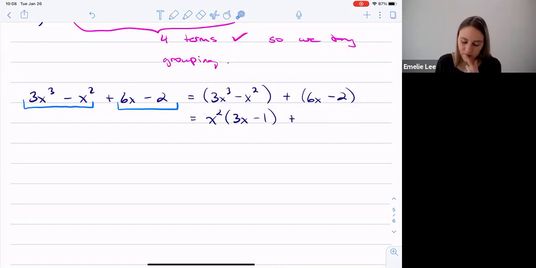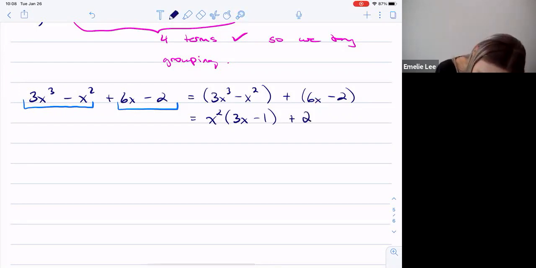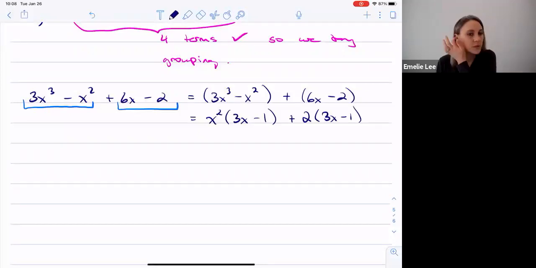Plus, and here all I can extract is a common multiple of 2. So what I get is 2 times 3x minus 1. Just being really careful.